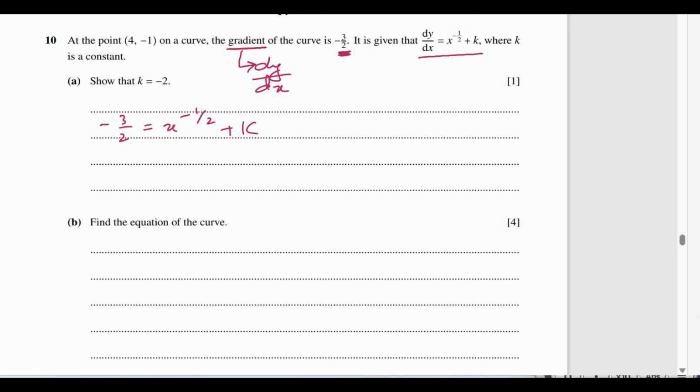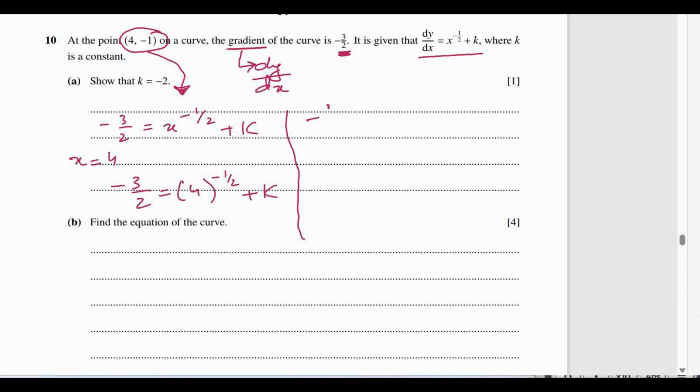And as we can see that at point this, we have to put this one in this equation. So x will be equal to 4. So minus 3 by 2 is equal to 4 power minus 1 by 2 plus k.